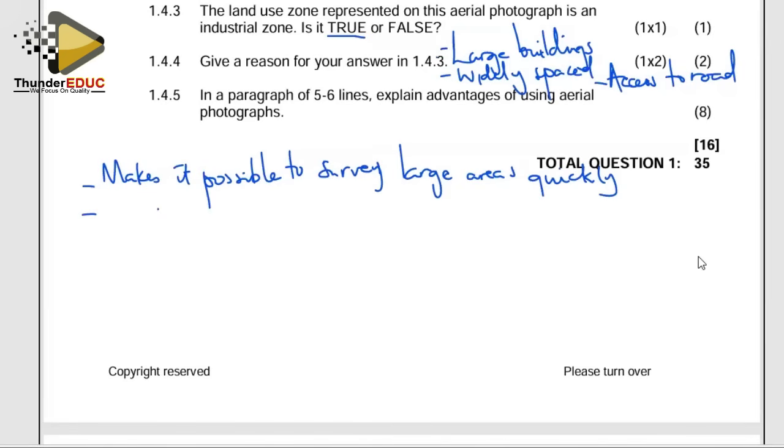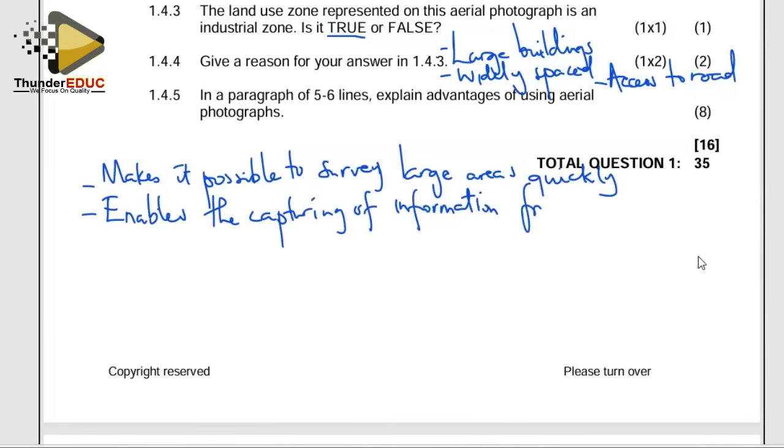And also, it enables the capturing of information from areas that are hard to reach.